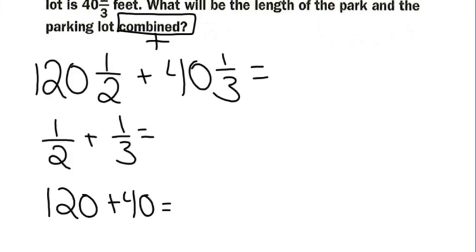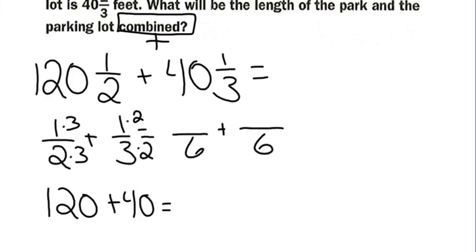1/2 and 1/3 obviously can't be added. We need to find a common denominator. A common multiple for both of those is 6. 2 times 3 is 6, and 3 times 2 is 6. So just do that to their numerators as well. That gives us 3/6 and 2/6.